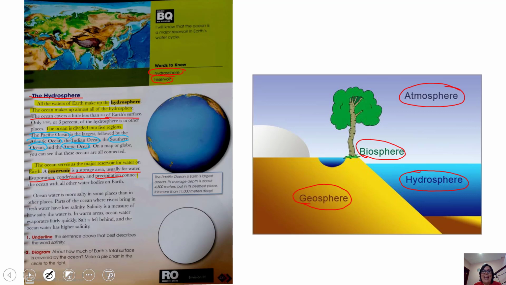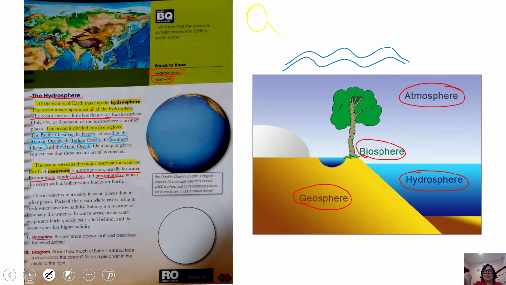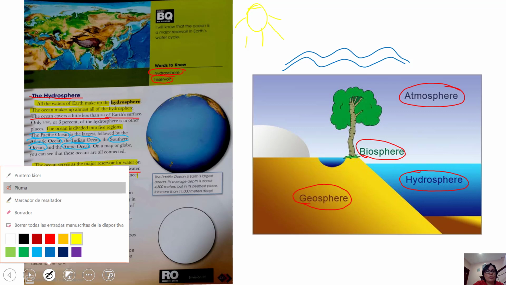Because when the sun hits the ocean, let's imagine that we have the ocean here, and then we have the sun hitting the ocean. What happens with the water? Evaporates, right? And after evaporation, where does the water go?